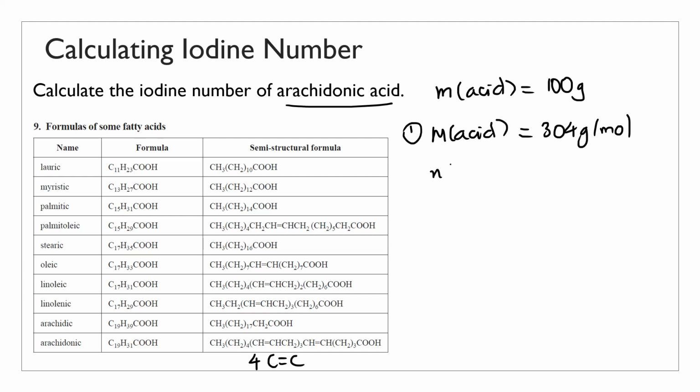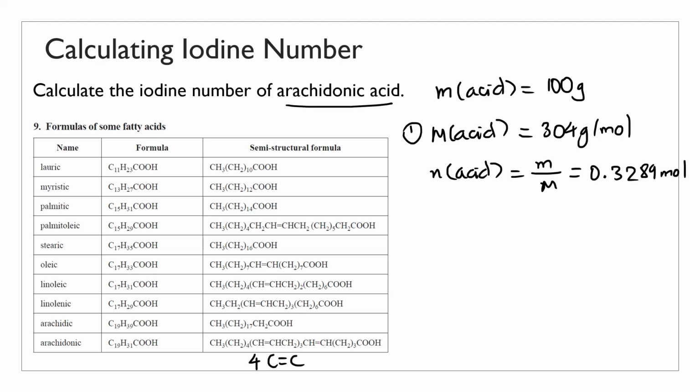So you can find the number of mole of the acid, which is just mass over molar mass. Remember the day when this is the hardest thing you have to do. And you should get 0.3289 mole. So this is the number of mole of the acid.